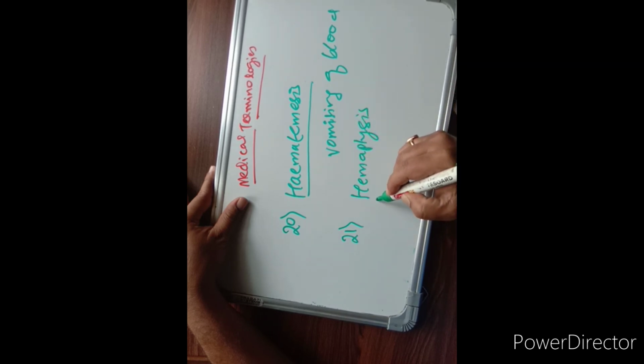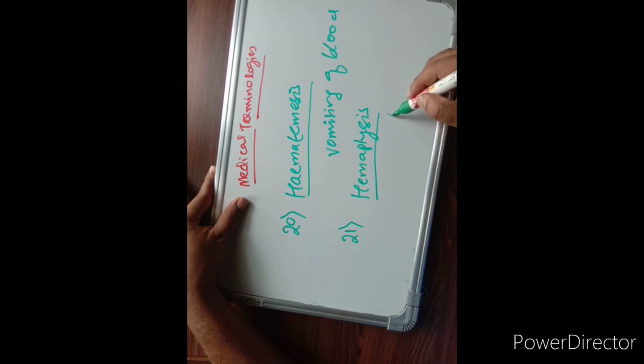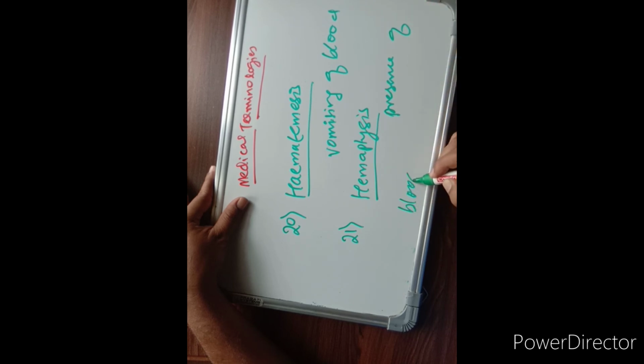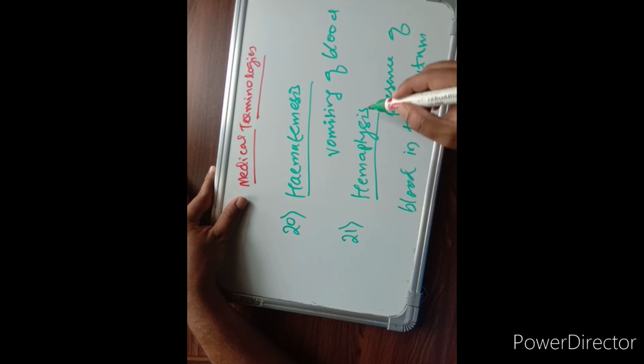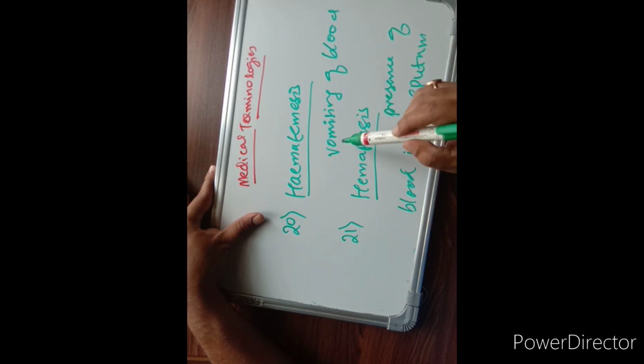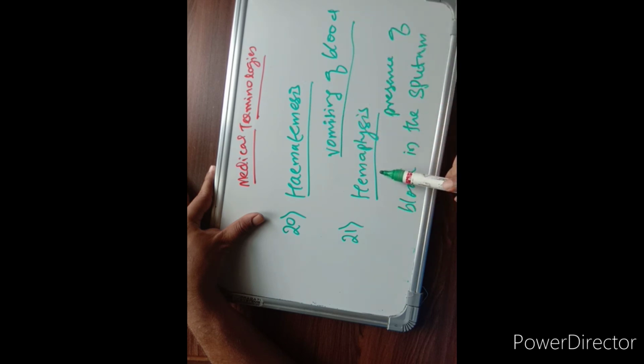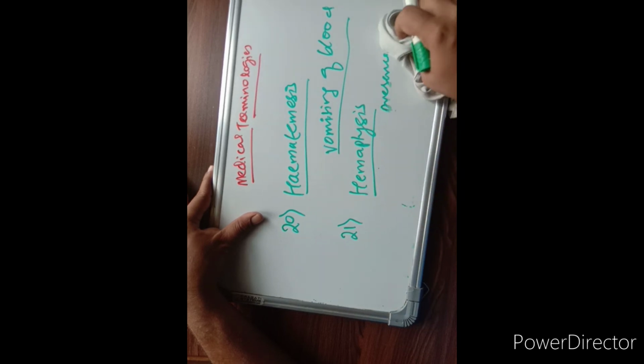Hemoptysis is nothing but the presence of blood in the sputum. When there is a presence of blood in the sputum, it is known as hemoptysis. Most commonly you can see it in tuberculosis. So vomiting of blood is known as hematemesis, and presence of blood in the sputum is known as hemoptysis.